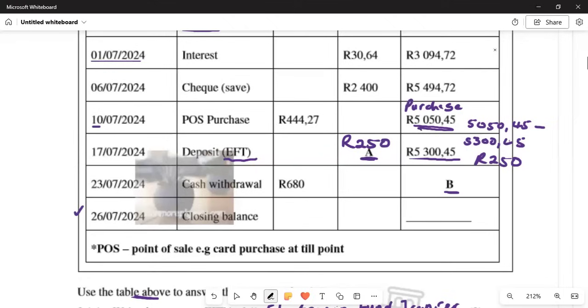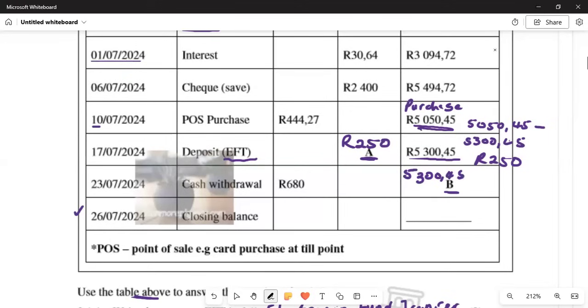So in the closing balance, what is it that we need to understand? We have the initial 5,300.45.